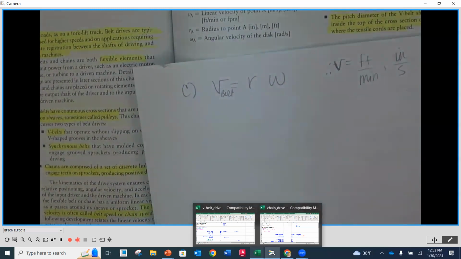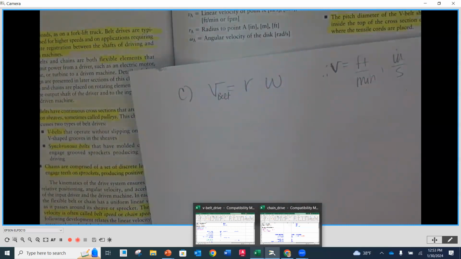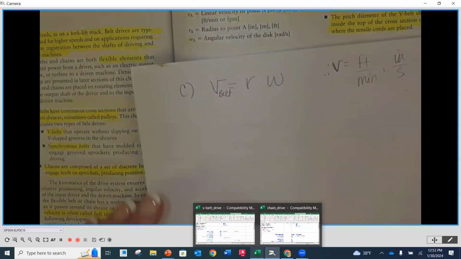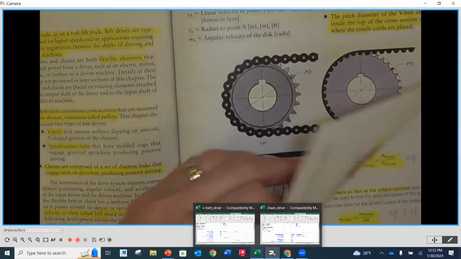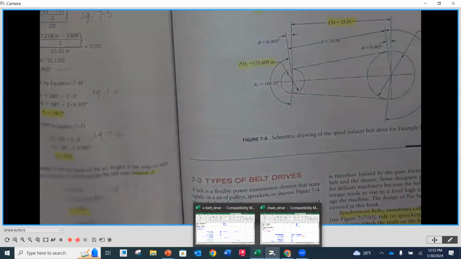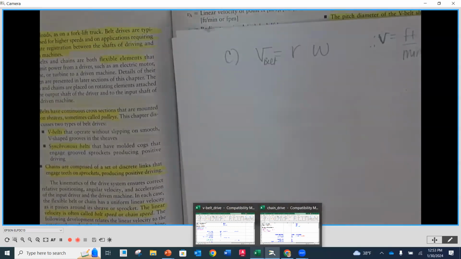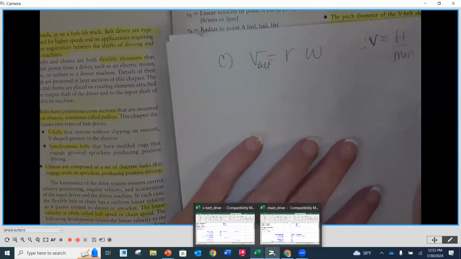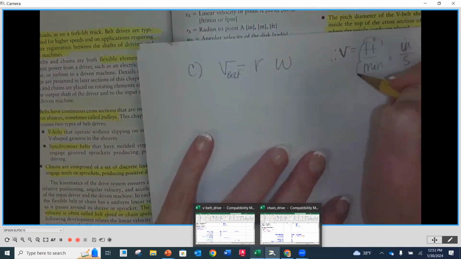What else? No, we don't really need to, but you get the idea. It's distance, whatever your distance is. And in this case, we're using a lot of inches. Distance, either per second or per minute, could be feet per minute. I'm going to peek ahead because I don't remember exactly what they did. Feet per minute. Yeah, feet per minute is a very typical belt speed unit. So we're going to use feet per minute.